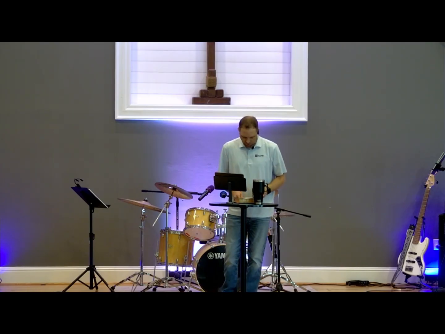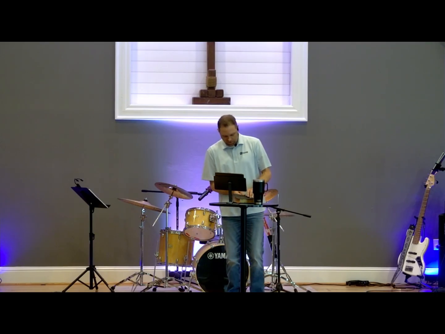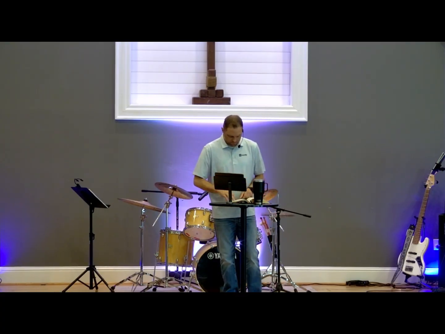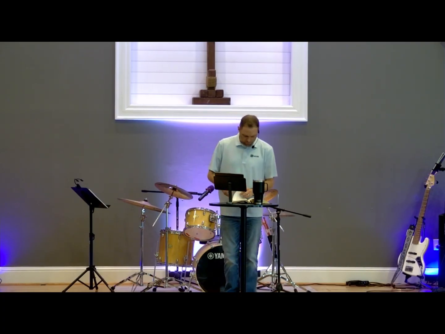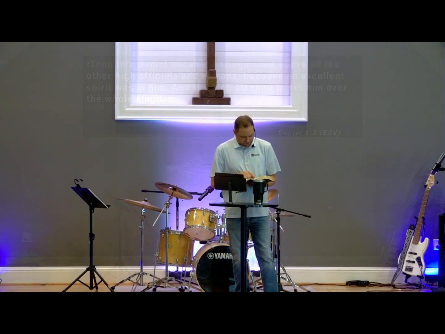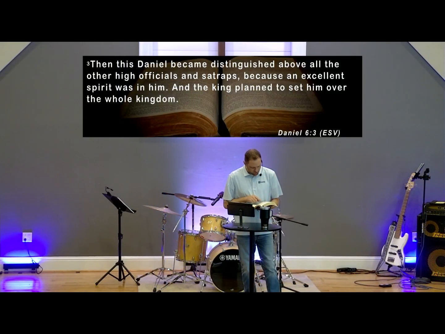And so I'm going to open up to our passage of Daniel chapter 6. I'm going to read a small portion of this. I'm going to start in verse 3. And it says, "Then this Daniel became distinguished above all the other high officials and satraps, because an excellent spirit was in him.